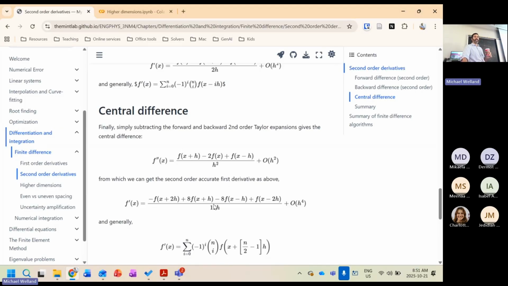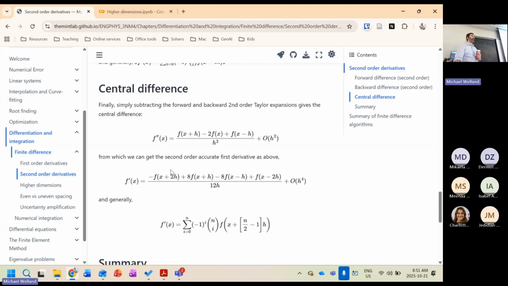And then we can use that to correct the first order. And now we get an order H^4 accurate formula for the central difference, right? So if we decrease the step size, we cut it in half. Now it improves by a factor of 16? Right? Which is good. But the payoff is that now we have to do 4 function evaluations.